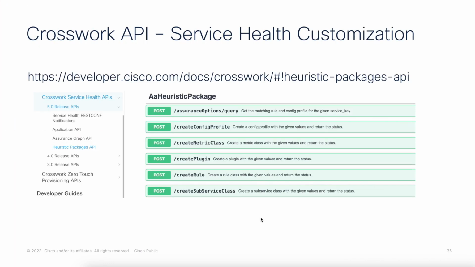Okay, so going back to this presentation, we are at the end of it. So I wanted to show you that we can actually use API calls as well to create the config profile metric class plugin, the one that we were editing. You can also do updates if you create your JSON payloads, and you can use Postman and other tools to update these things.